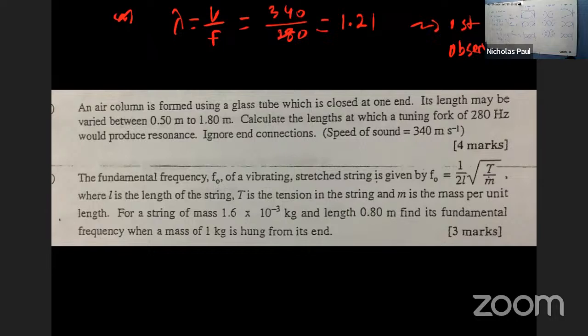Oh, wait. We forgot something. That is the wavelength. That is not the first harmonic. When is the first harmonic observed in this situation?